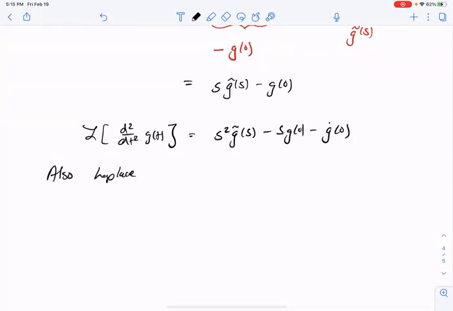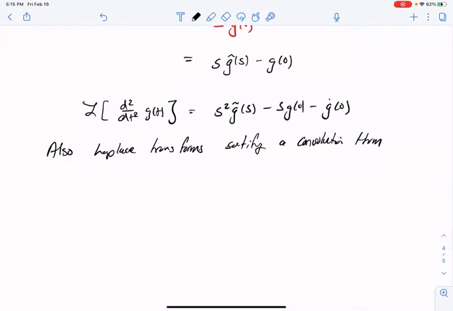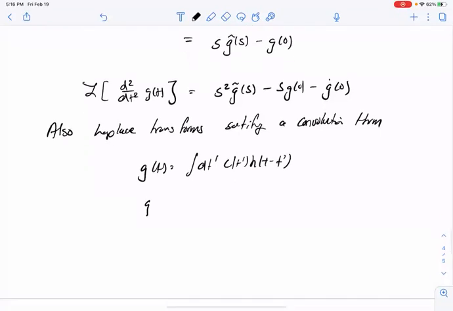Also, it's worth noting that Laplace transforms satisfy a convolution theorem, namely that if g of t is equal to an integral over t prime of c of t prime h of t less t prime, then the Laplace transform of g of t is equal to the Laplace transform of h times the Laplace transform of c.